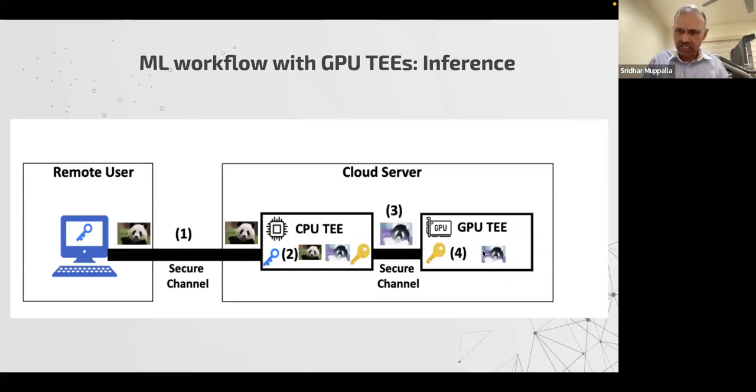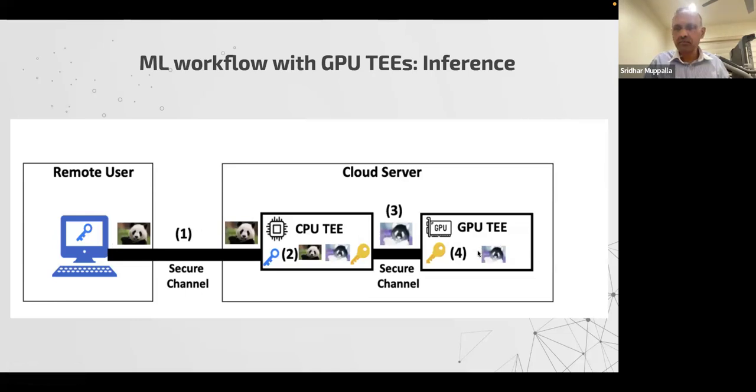Once all this processing is done, it encrypts the data and sends it back to the CPT, and the CPT will decrypt it with the shared key and checks there is no foul play. If nothing, then it again encrypts the data with the shared key that is shared between the user and the CPT, the blue key, and sends it back to the remote user, and the remote user decrypts it, and he sees the resulting data from here.